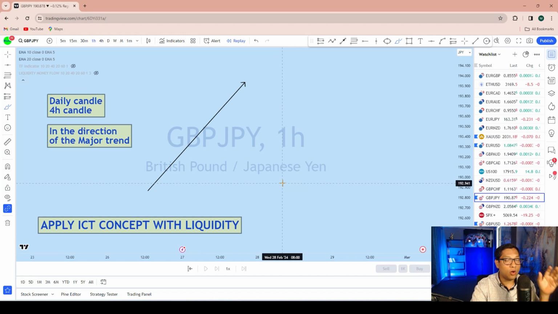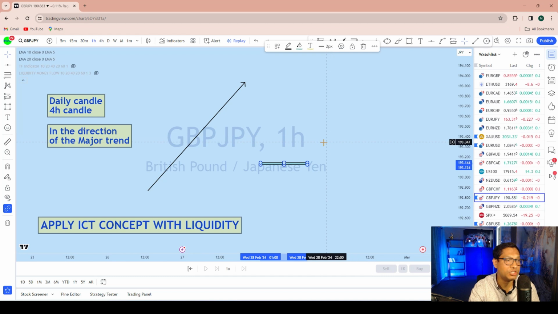First of all, I will be explaining how you will be doing it with the daily, and then we'll also be looking at the 4-hour price action, how you can do that too. So if you look at the daily candle, let's say you saw the daily open during the Asian session and the major direction of the trend is up.